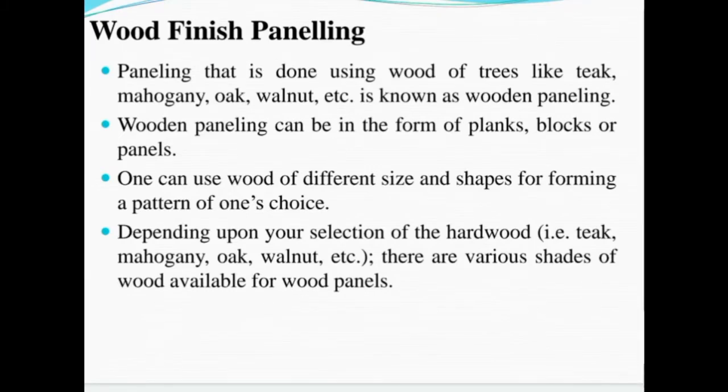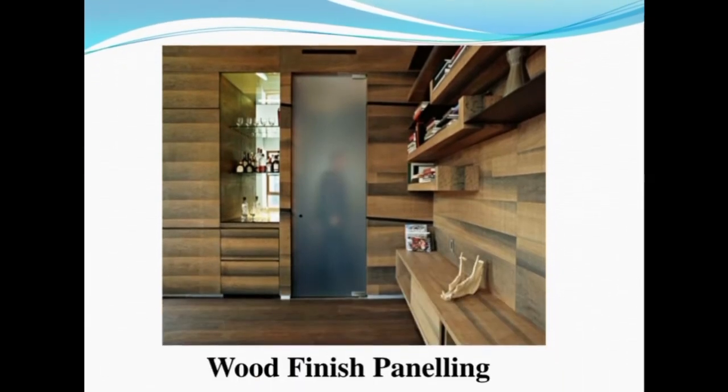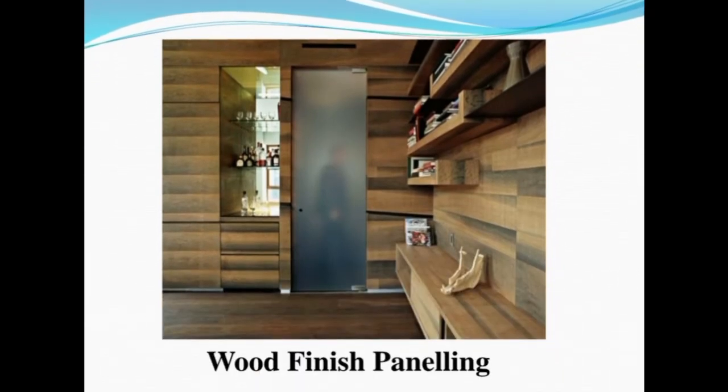Here one can use wood of different shapes and sizes for forming patterns of one's choice, and depending upon your selection of the hardwood, either it's teak, mahogany, oak or walnut, anything else, a variety of shades of woods are available for wood paneling. This is the pictorial representation of wood finish paneling, which is used in the construction industry.